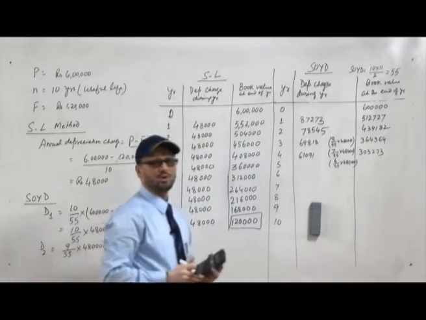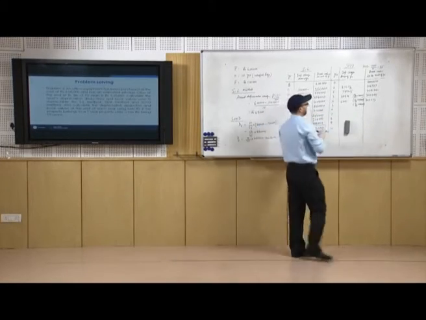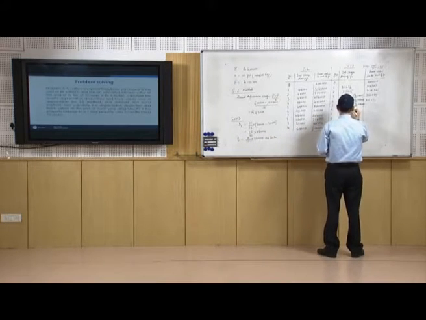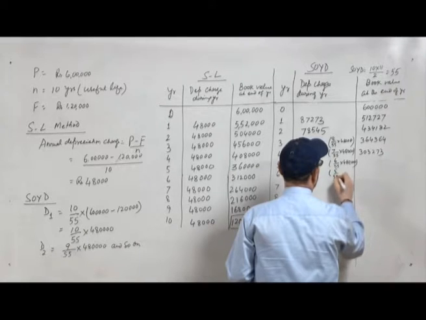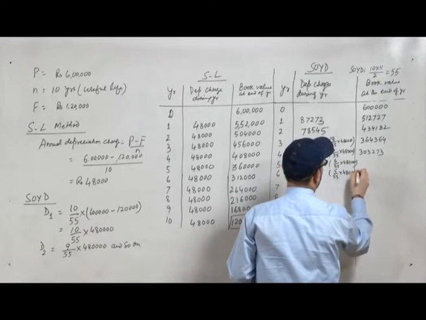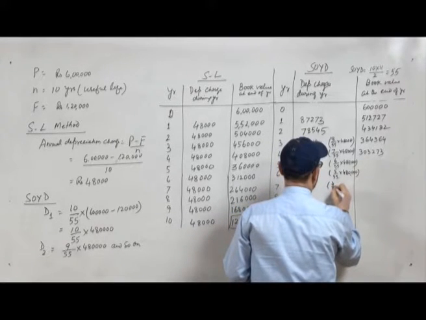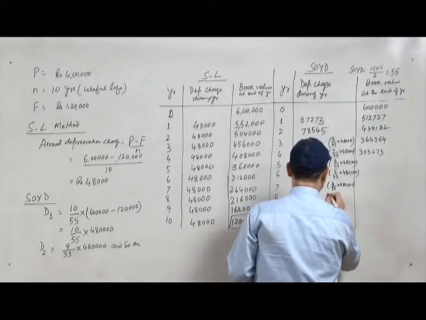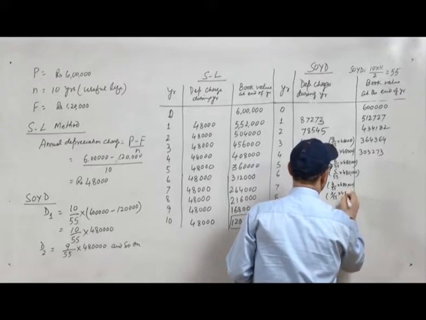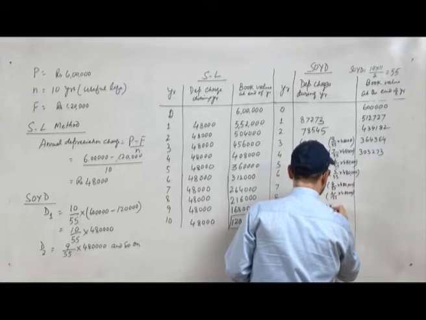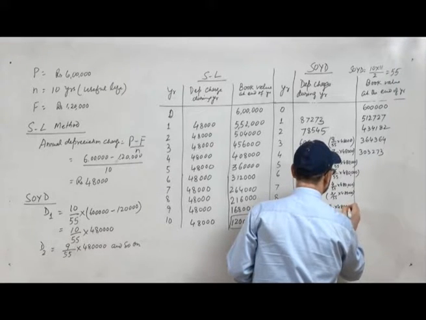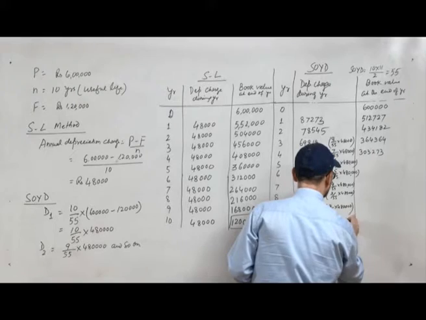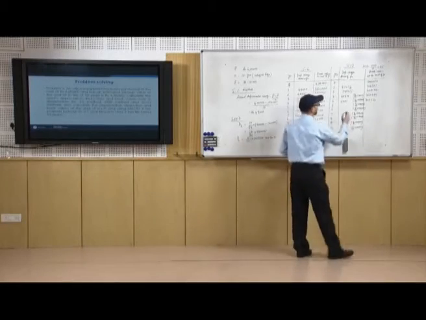This way you can go and calculate the different values, and ultimately by subtracting you can get the book values. Similarly, it will be 5 by 55 into 4,80,000, then 4 by 55, 3 by 55, 2 by 55 into 4,80,000, and last in the 10th year 1 by 55 into 4,80,000.